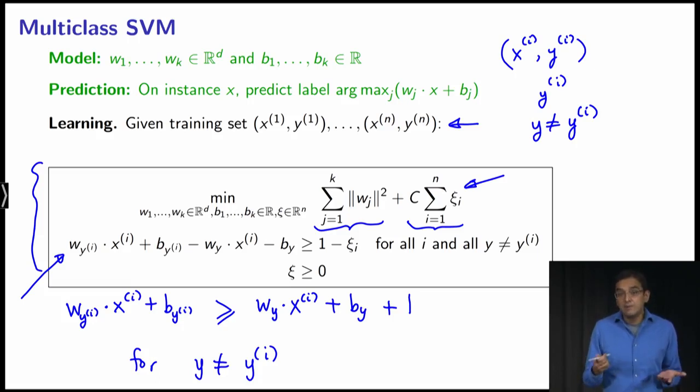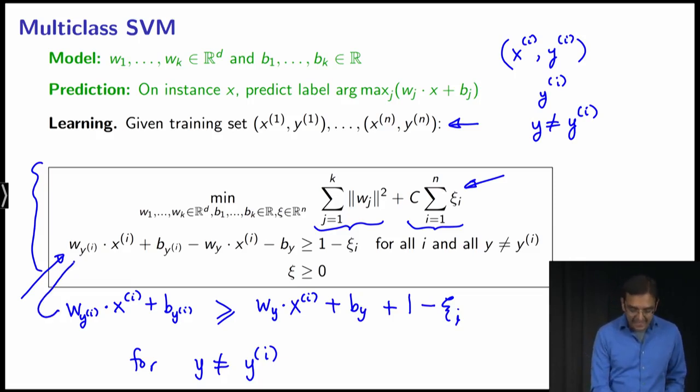Now, of course, it might not be possible to correctly classify all the points, so we do have to allow a little bit of slack, and that's where we include the slack variable psi sub i. Okay, so these are our final constraints, and this is exactly the inequality we have over here, just shifted around a little bit. Okay, so this is the convex program for the multi-class SVM.